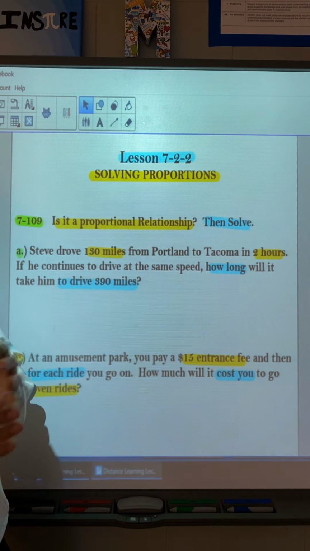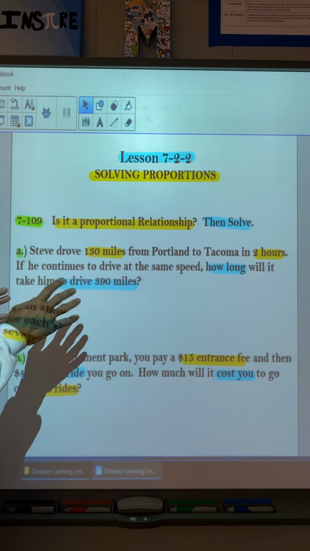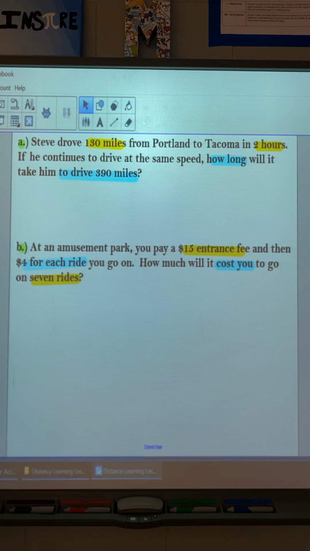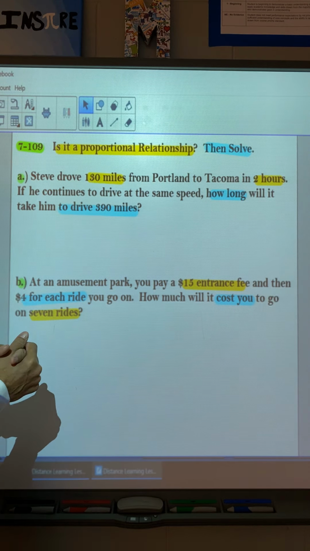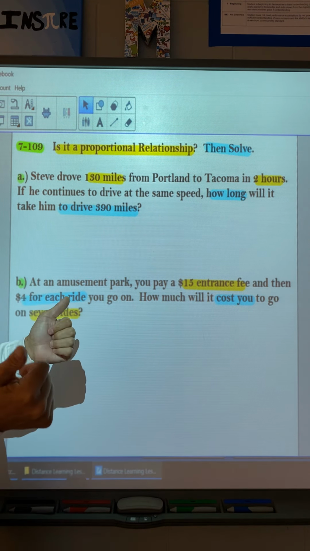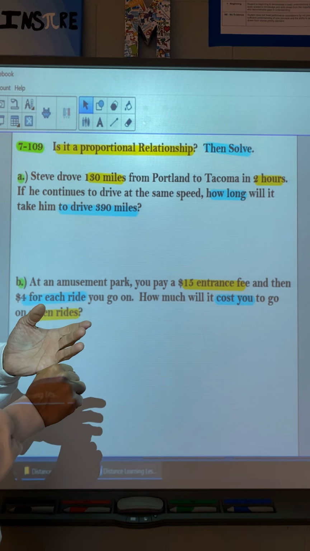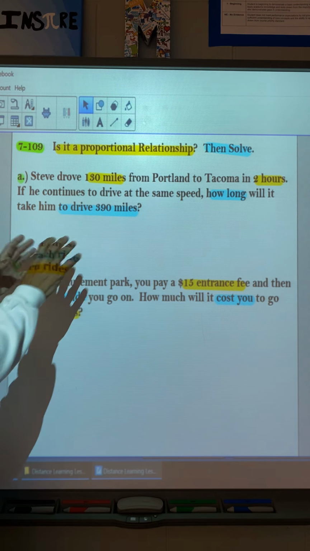Does it make sense to start at 0, 0? So what I want you to do with these two, on 7-109, is ask, is this a proportional relationship, yes or no? So you have to ask yourself, do you have a constant rate, and would it make sense to start at 0, 0? Then I want you to solve it.